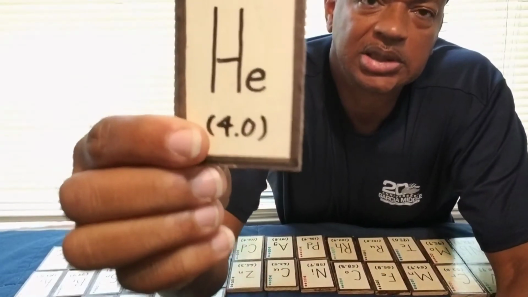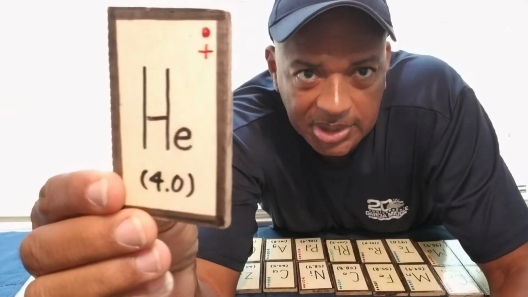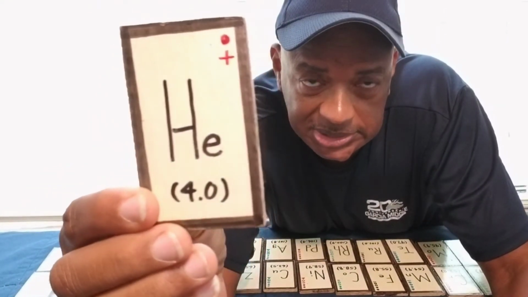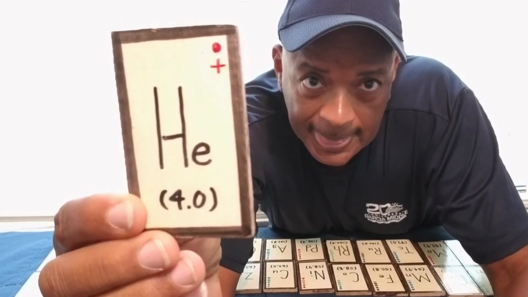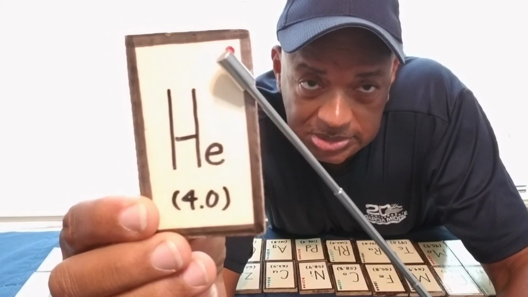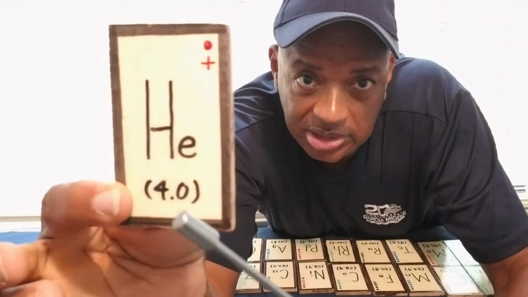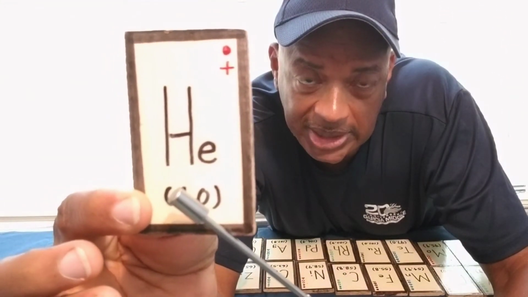Since I don't have a board or a document camera in this video, I'm going to show you one of these puzzle pieces. Here are the clues. You have a family symbol, you have the symbol of the element itself, and you have the weight of the element.